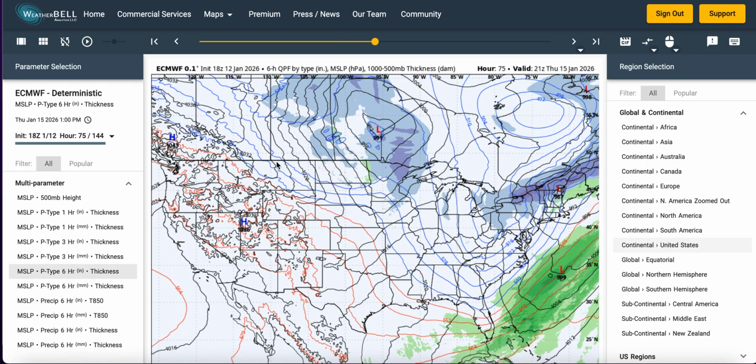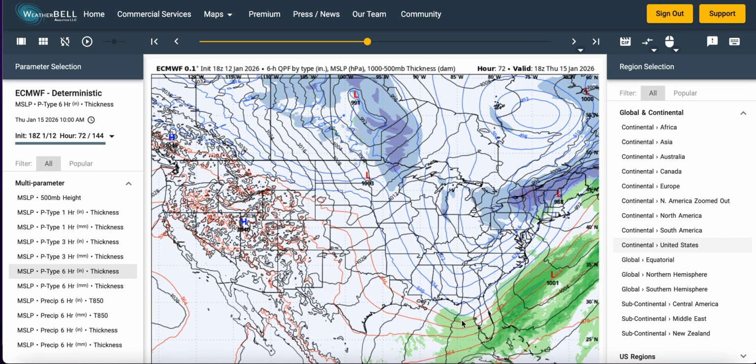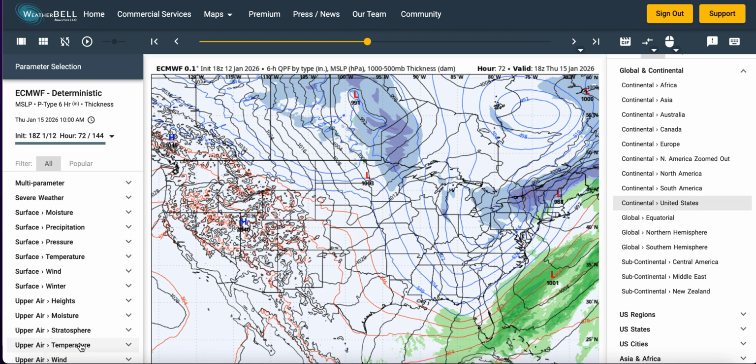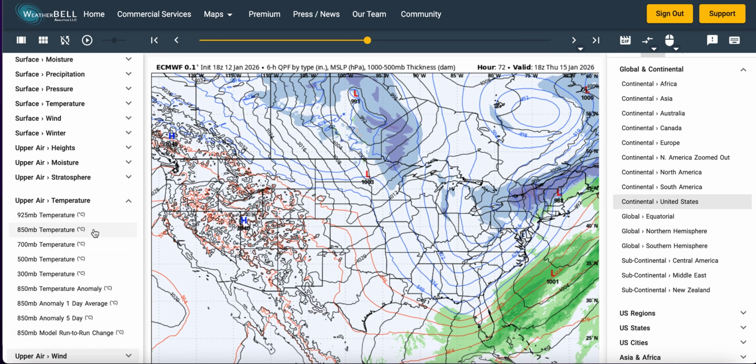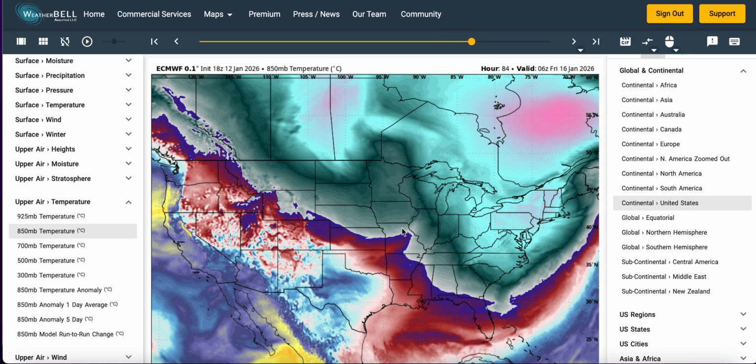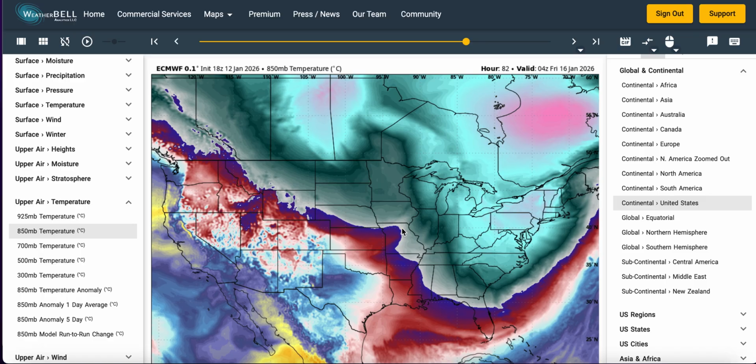But look at this. Look at these blue thickness lines. Look at this 540 line pushing all the way down into Florida. Let's go ahead and take a look at 5,000 foot temperatures here. I'm quite curious. Look at that. Wow. That's pretty cold.